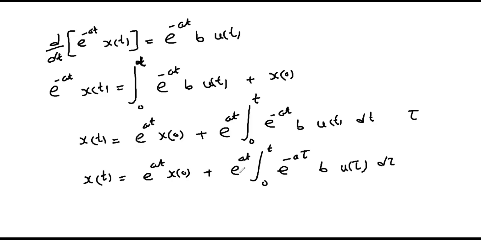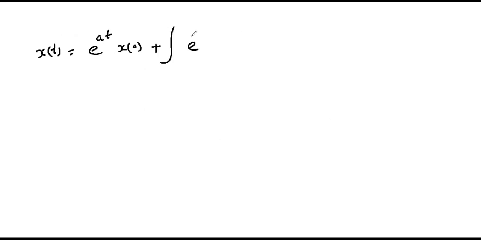If you combine these two, you'll get exponential a into t minus tau. So this becomes exponential a into t minus tau, then b u of tau d tau.